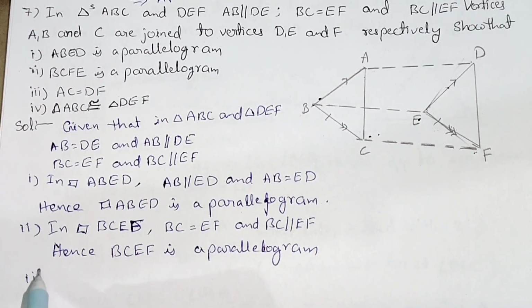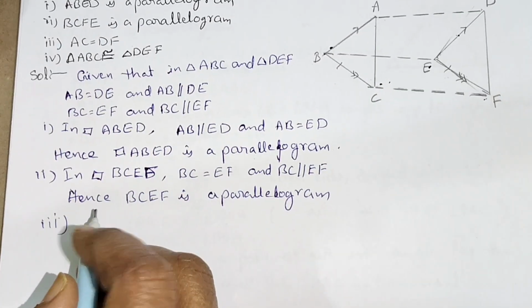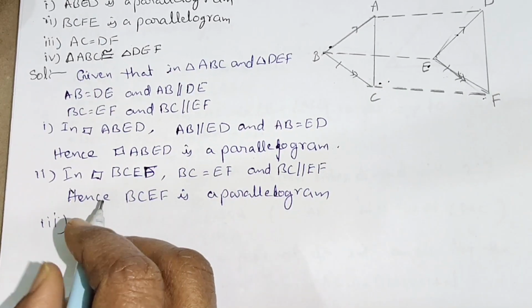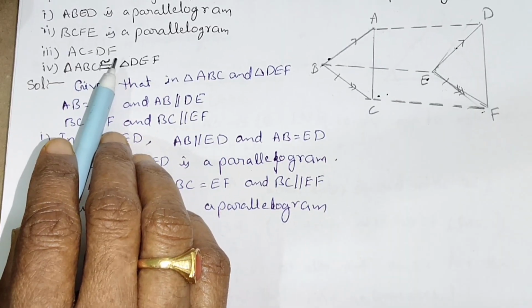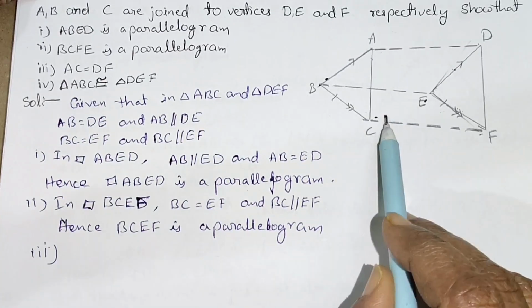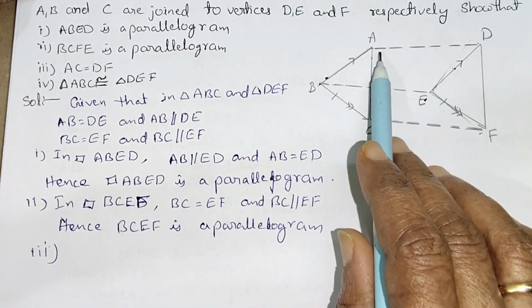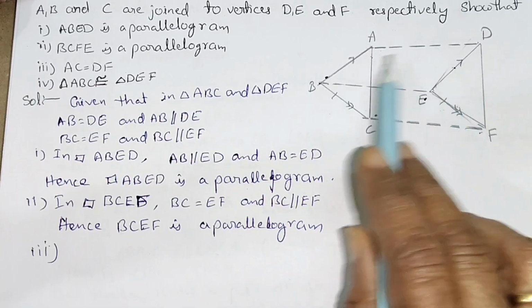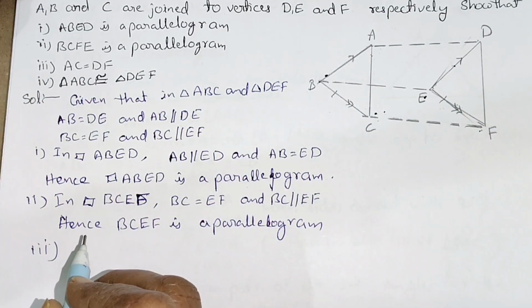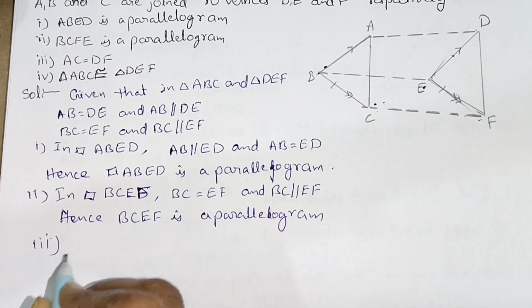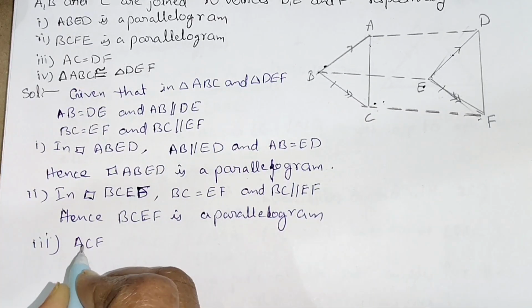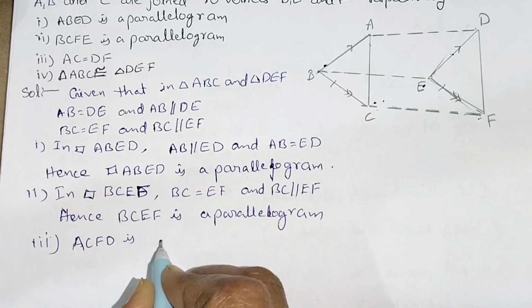Third one is ACFD, here AC equal to DF. ACFD is a parallelogram because the opposite sides are equal.